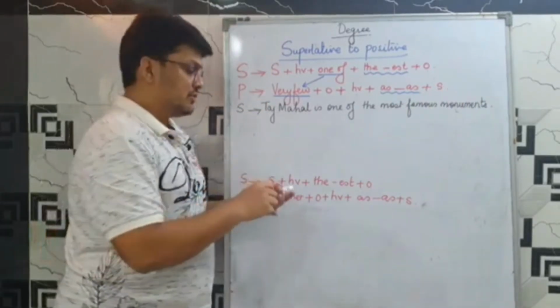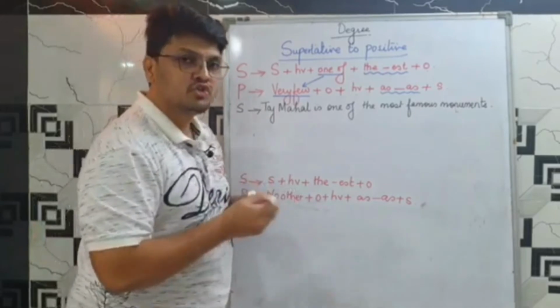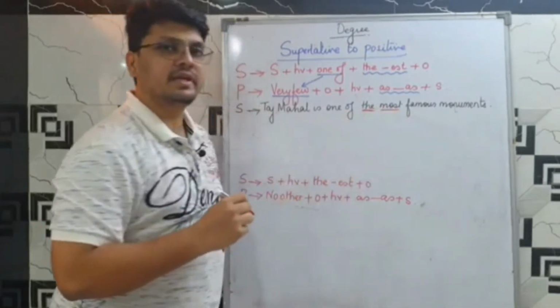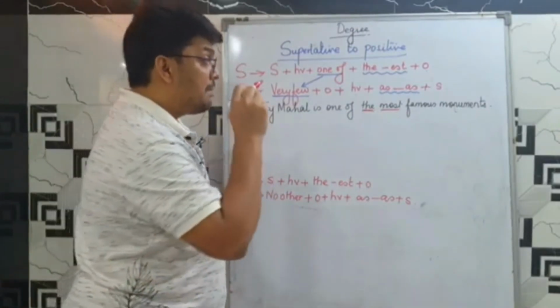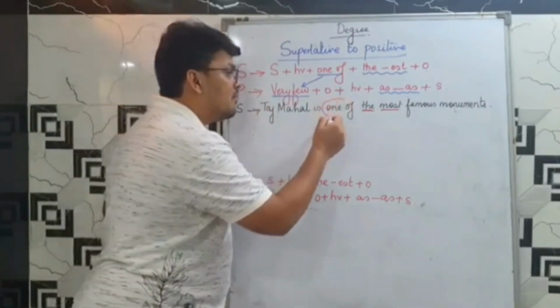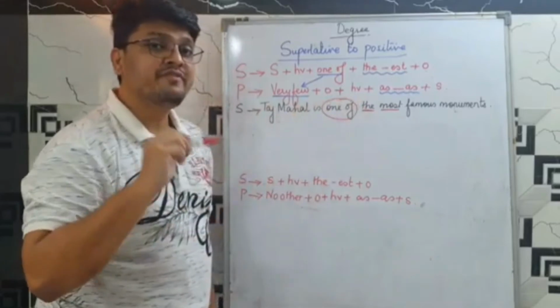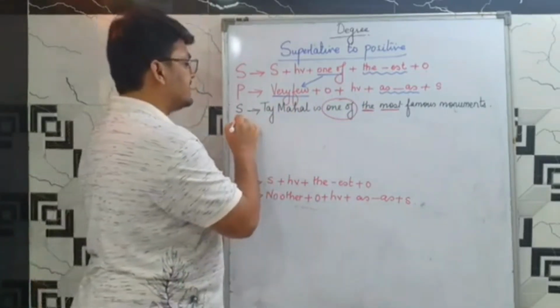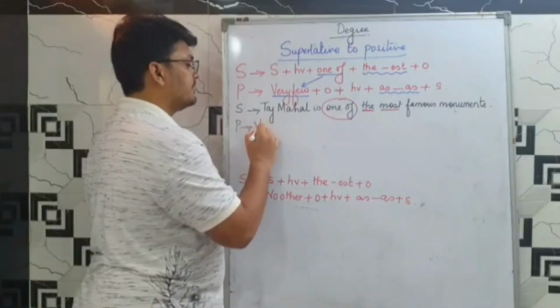So you can see here, students, this sentence is superlative with the words the and most in the sentence. But apart from that, we can also see one of. So students, if you see one of in the superlative degree, you will begin the positive degree with very few.